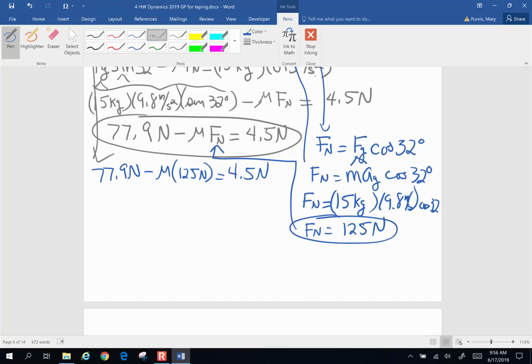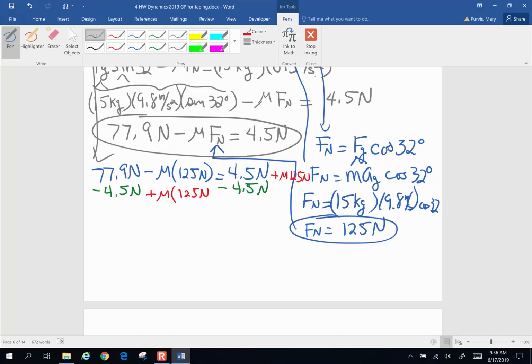How am I going to solve for mu? Well, I am going to subtract 4.5 newtons from both sides. And I'm going to add mu times 125 newtons to both sides.